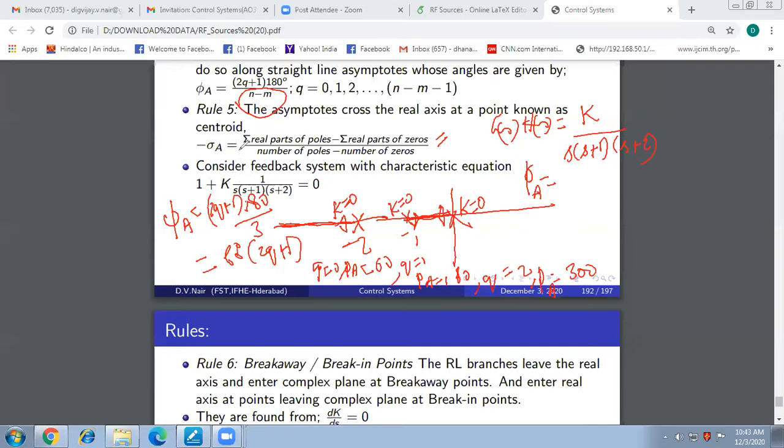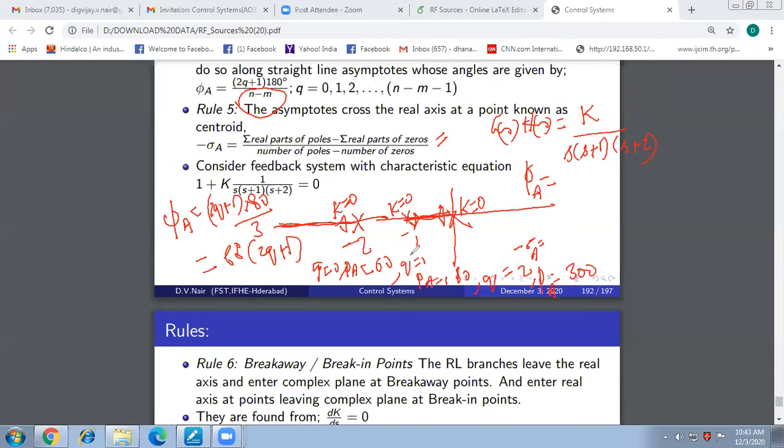So the centroid of the asymptotes, minus sigma a, the point where the three asymptotes will meet, is given as the sum of real parts of poles minus the sum of real parts of zeros, divided by n minus m.